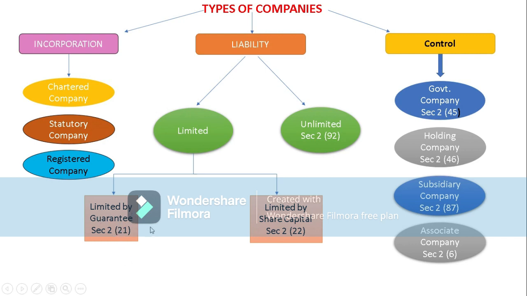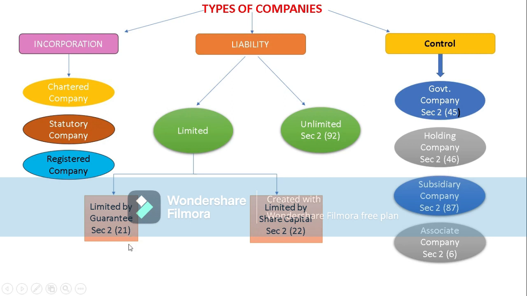Or else, if the shareholder has paid fully, that is, he has 10,000 worth of shares and paid the full 10,000, he is not liable to the company for share capital. But he had guaranteed that at the time of winding up of the company he will pay 5,000.